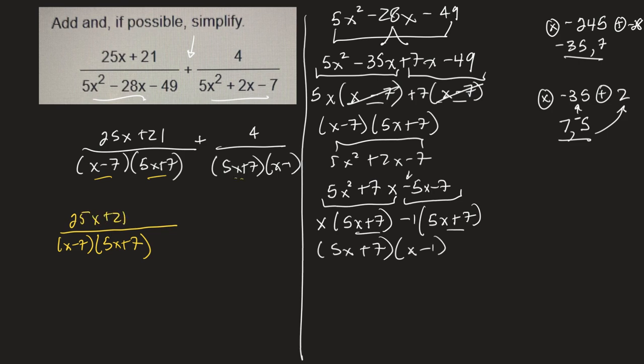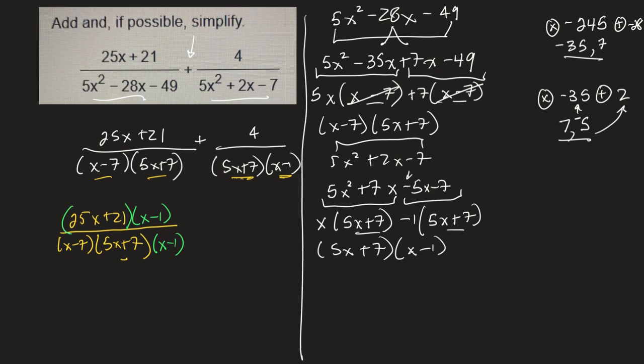But over here, this one has a 5x plus 7, which I have already, but it also has an x minus 1, right? Yeah, x minus 1. So that has to be included as part of my common denominator. But if I multiply the bottom, I also have to multiply the top. Since there's a binomial there already, I'll put it in brackets.